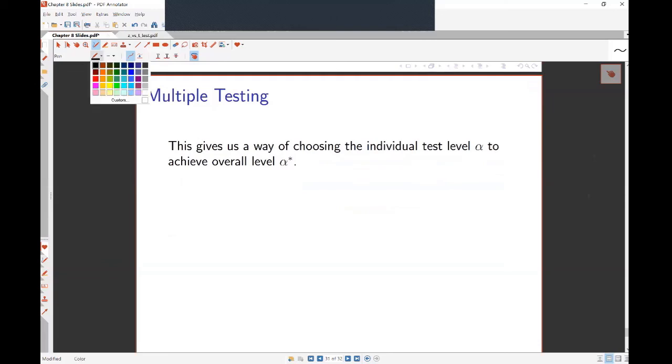The way you want to approach this is you want to specify beforehand what the overall significance level is. So if you specify beforehand what alpha star is, your overall significance level, then I can solve that previous equation and show that my individual test level should then be given by 1 minus alpha star to the power 1 over k.